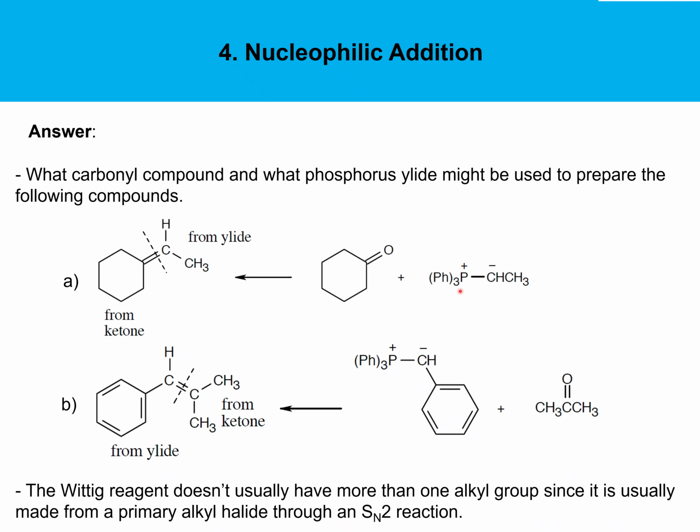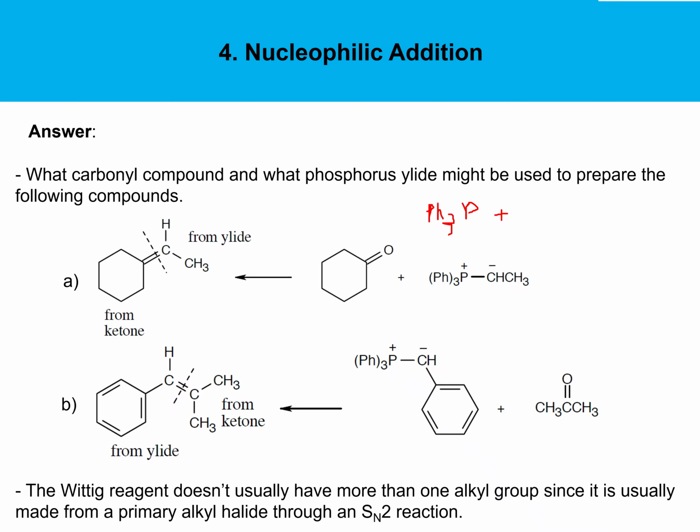Typically, it involves triphenylphosphine adding, so that would be the following compound, triphenyl, so 3 phenyl groups attached to a phosphorus, and that typically reacts with an alkyl halide through an SN2 reaction.